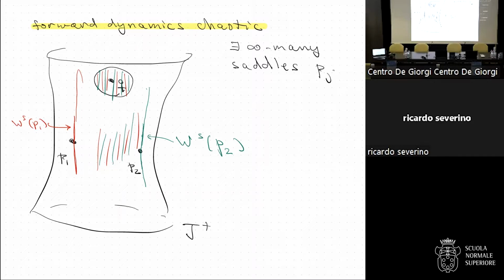Now I think I'm running out of time, so I'm not going to discuss this any more. But here what I'm saying is that if I take any saddle point, after n pre-images, I'm going to have a lot of green guys and a lot of red guys there, enough to put mass there.